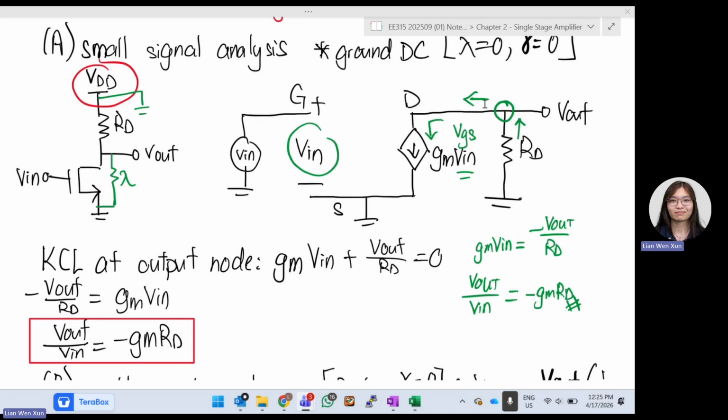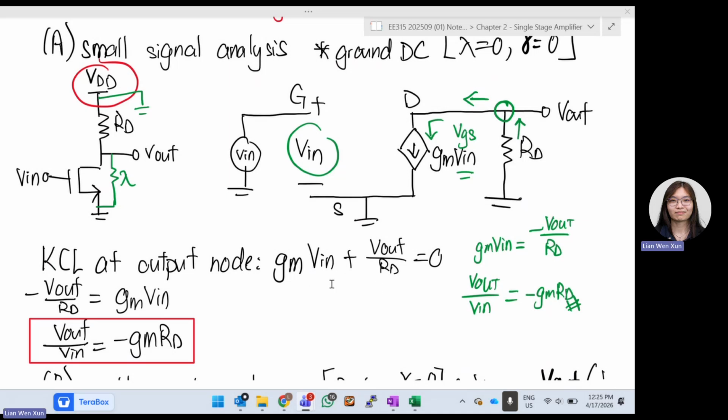This GM V in is also the current that comes from here. Or you can just say any current that goes out is supposed to be the same. The current that goes from RD can only flow to GM V in.